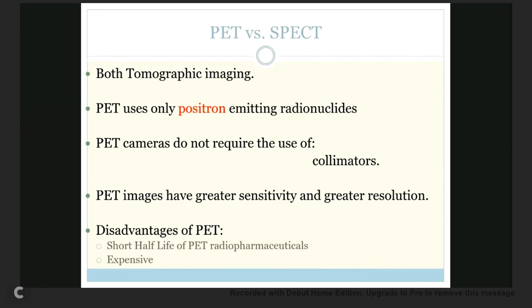Why does a PET not require collimators? Because it's a different type of crystal that's being used also. There's a dedicated sodium iodide PET, but the images are really well done, and the detectors on the PET are different from the regular gamma camera because the energy is so high.